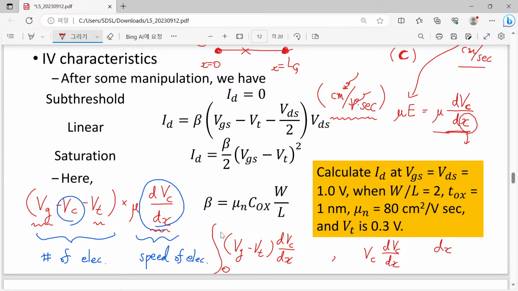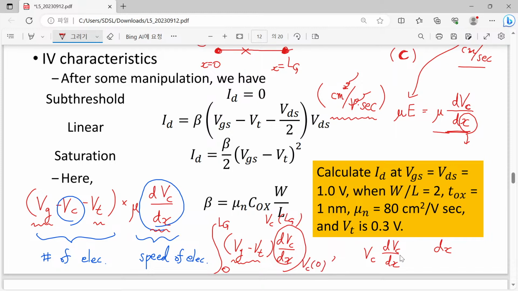This is 1. And when we integrate it, starting from 0 to Lg, what will happen? This is just a constant. Then we have to perform the integration of a first derivative. Then we will get just the difference of Vc evaluated at Lg and Vc evaluated at 0.